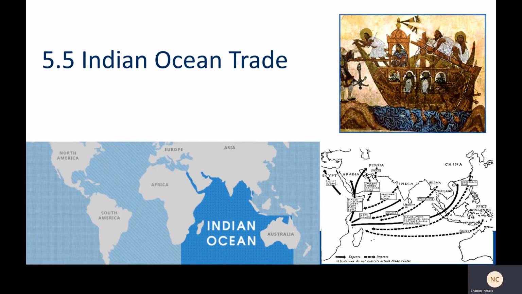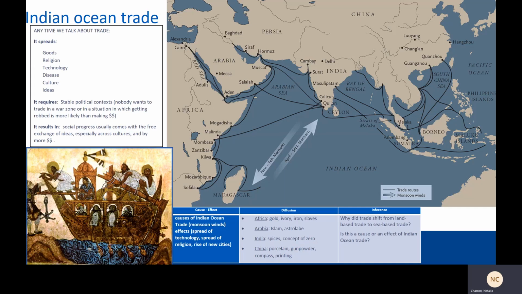Indian Ocean trade was the primary way that China and Southeast Asia and India and the Arabian Peninsula and Eastern Africa interacted during the post-classical period. Just spend some time on the map and consider what it would take to trade along vast, dark, unknown oceans to this extent.